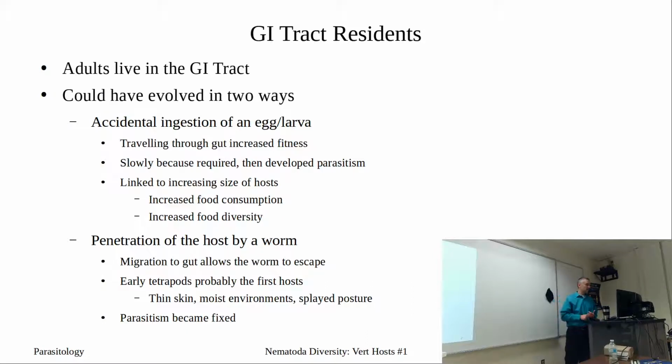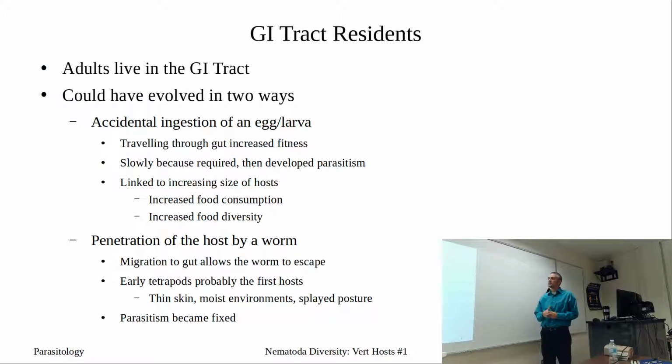As they increased in size, they increased their food consumption because of higher energy demand, and also increased the diversity of food they were consuming. Their nutritional requirements increase as they get larger. With this increased food consumption, you increase the chances that you accidentally consume some of these nematodes. The nematodes evolved well before the vertebrate hosts that came onto land. So you have accidental consumption of the adult worms themselves.